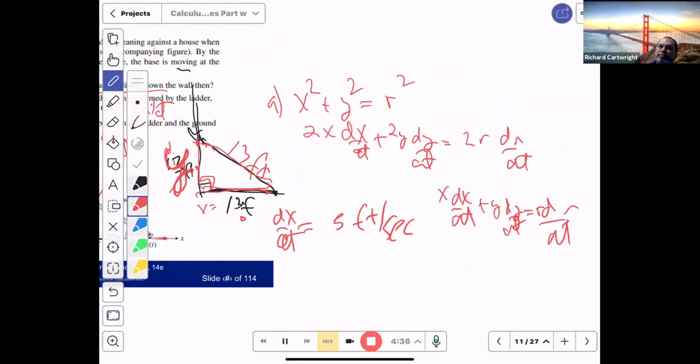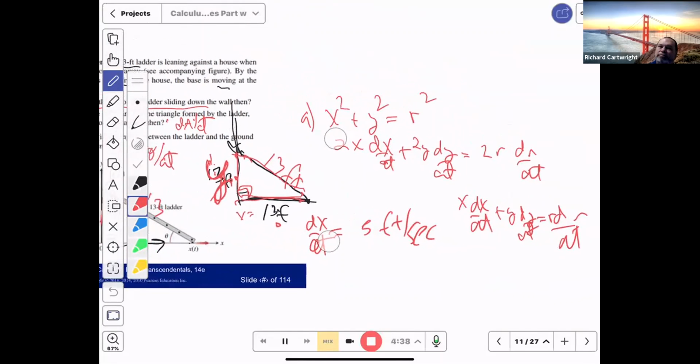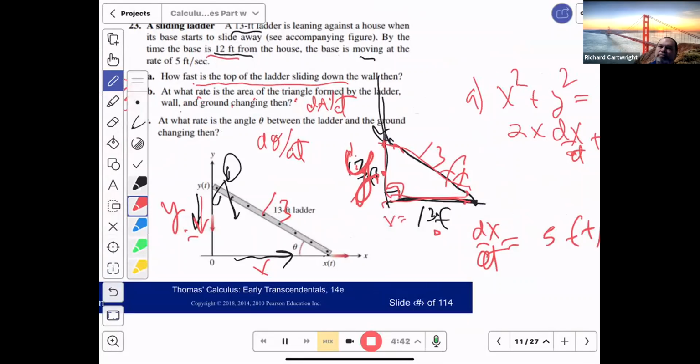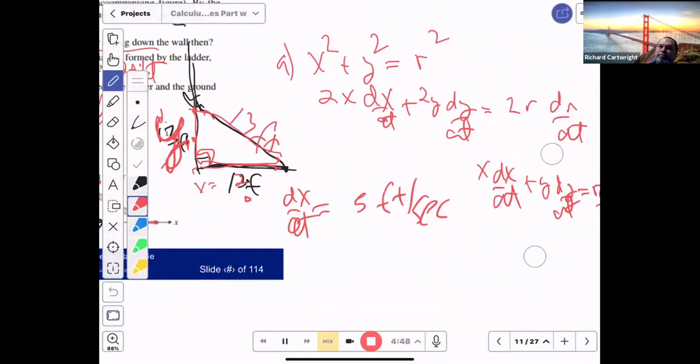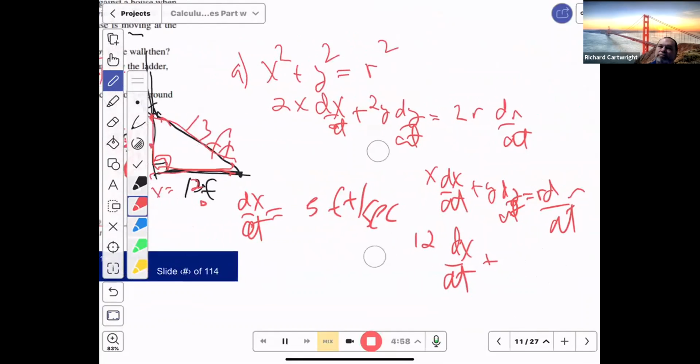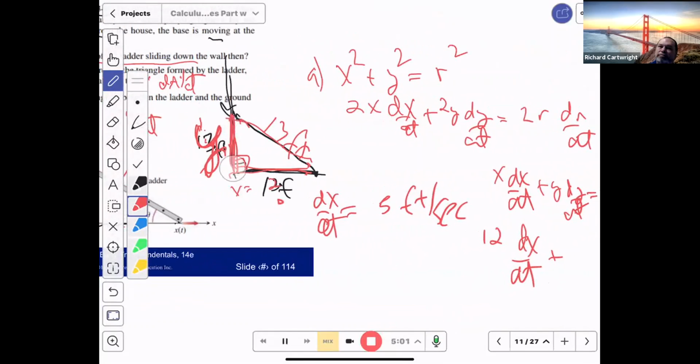At that time, x was what? Do I know? It was 12. I labeled it down here. x is 12. 12 dx/dt is what I'm looking for. How fast is it moving away? Plus y. That I don't know.